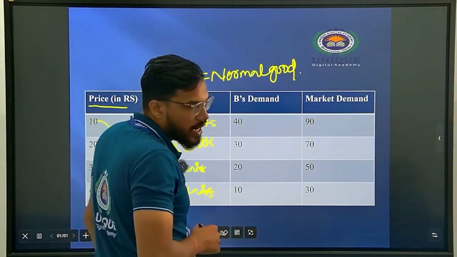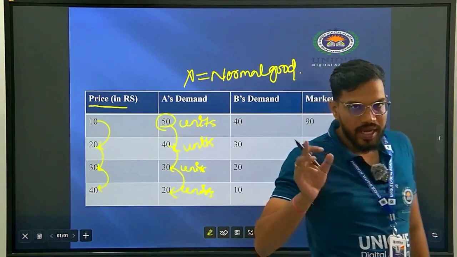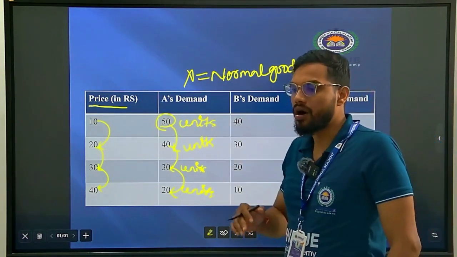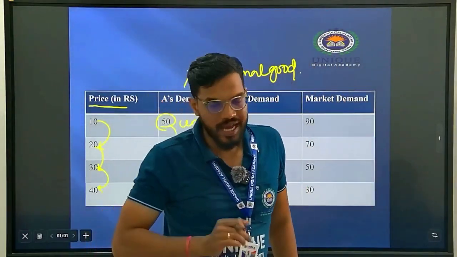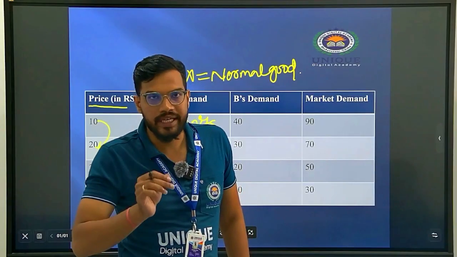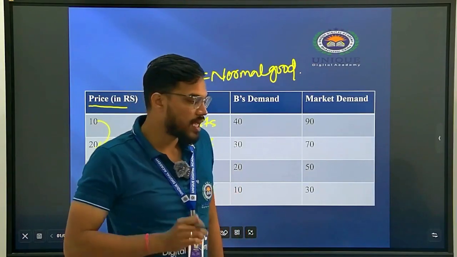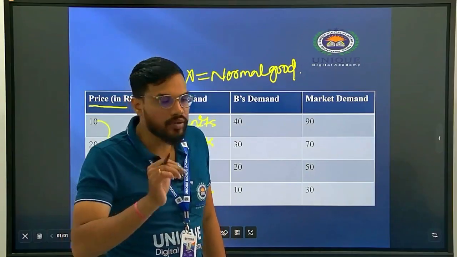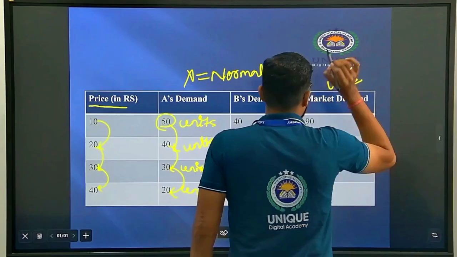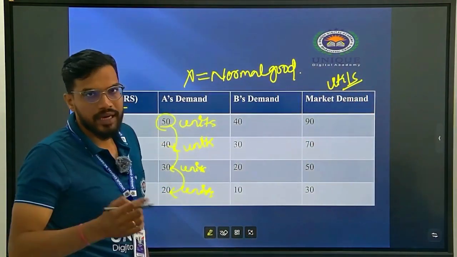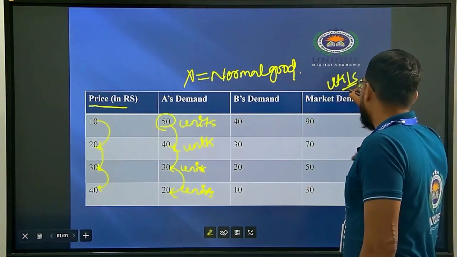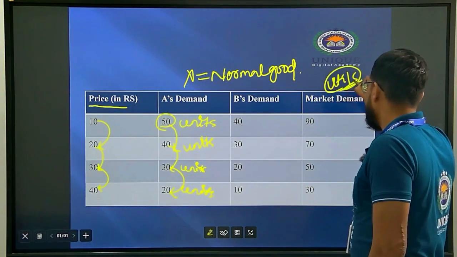So, as a rational individual, individual A always wants to maximize his utility, or satisfaction. And what is utility? One's satisfying power of a commodity is known as utility, and the unit of utility is utils, like kilogram, liter, centimeter.